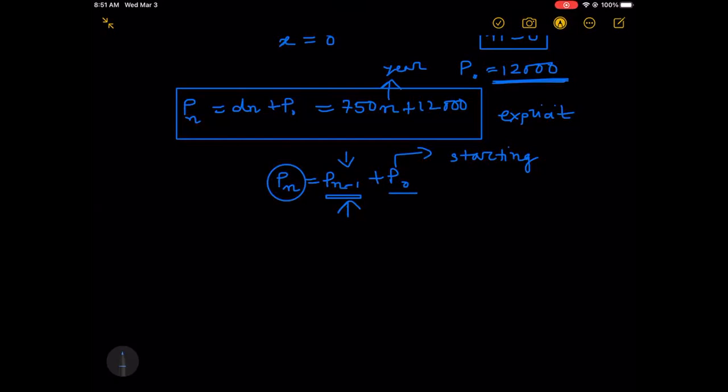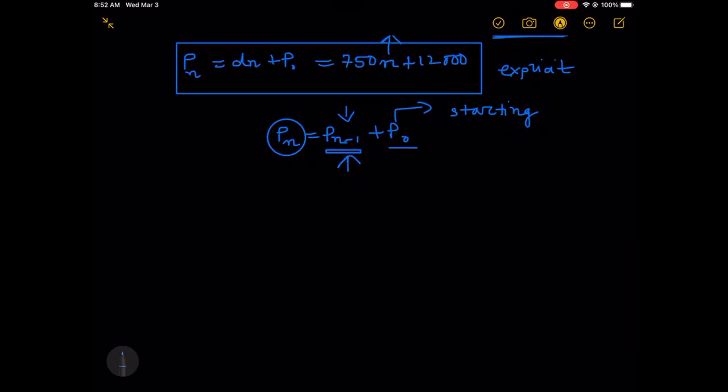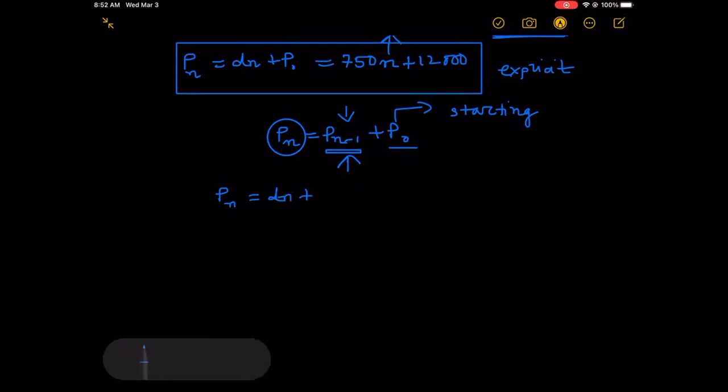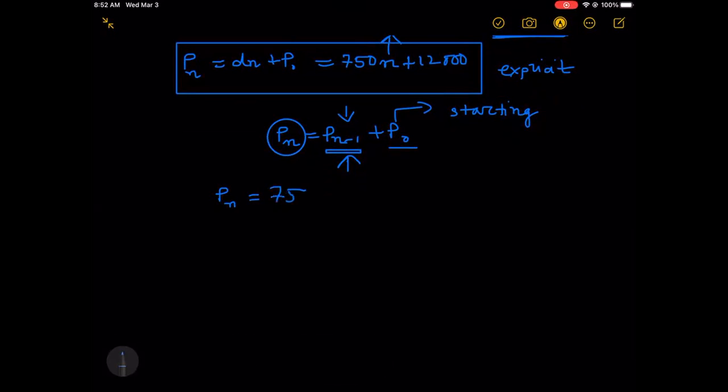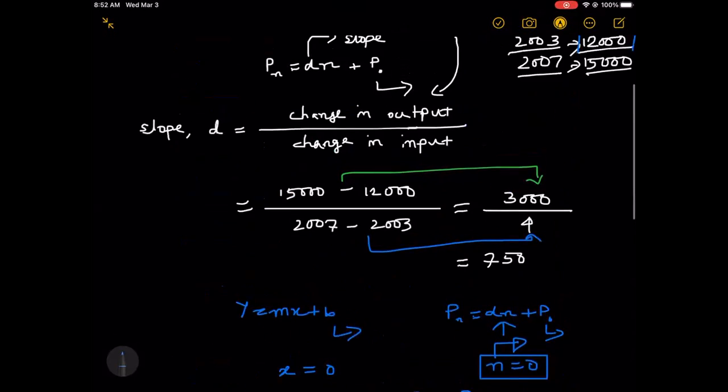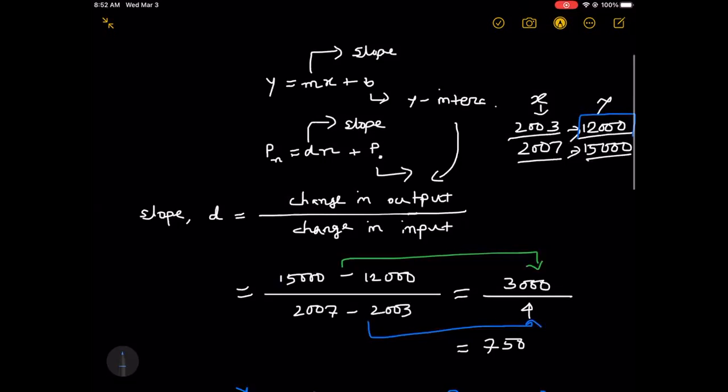So we'll use the explicit format now to find, let me write in the known format now. So it's the explicit format. And we want to find the population for the year 2014.